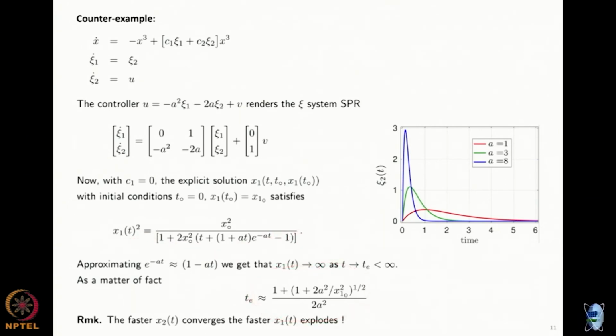So they were just remarking that for these kind of systems, it's in cascade because this guy is completely decoupled. There is no dependence on x. If you just stabilize it with certain feedback, not only will you not be achieving stabilization also of x, but you will actually make it explode in finite time. So that's not what you should do.